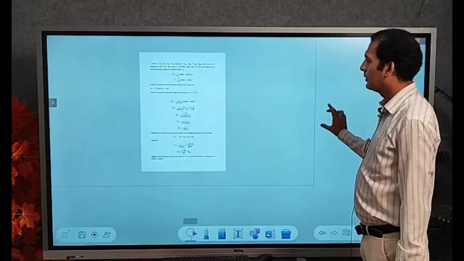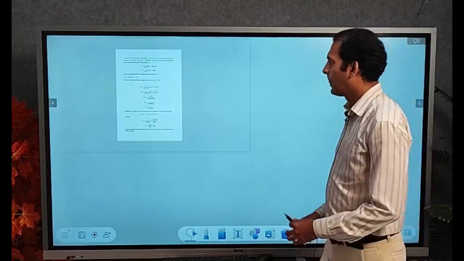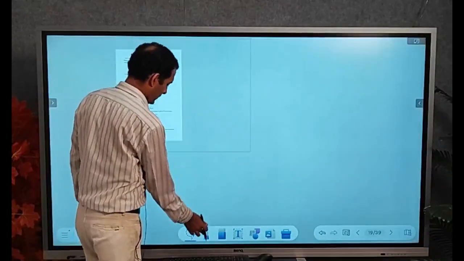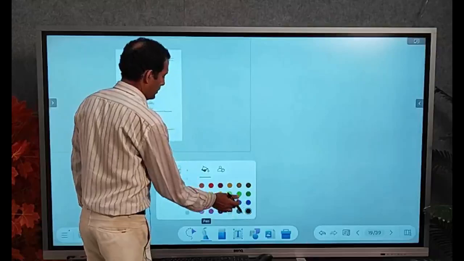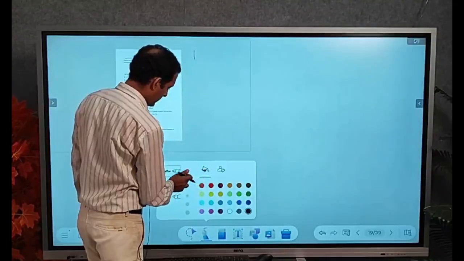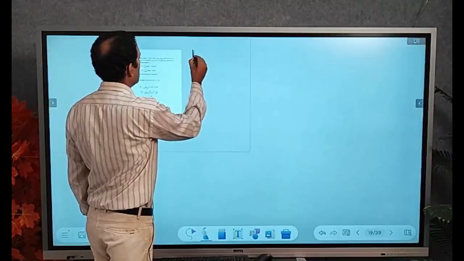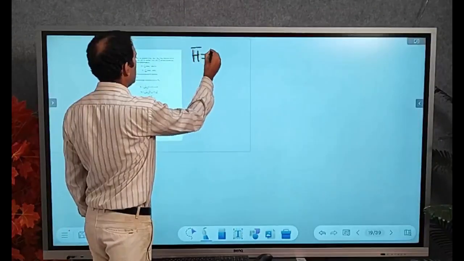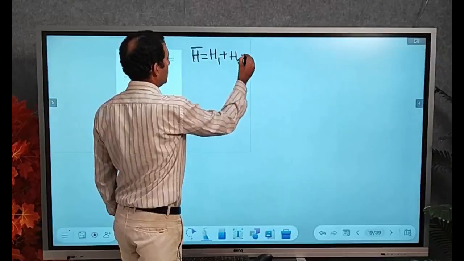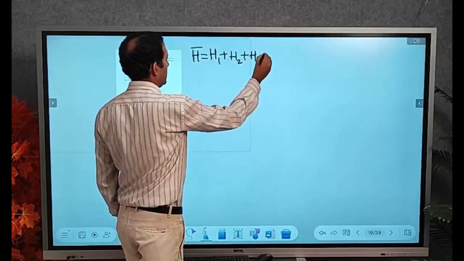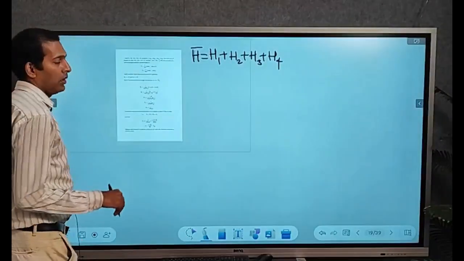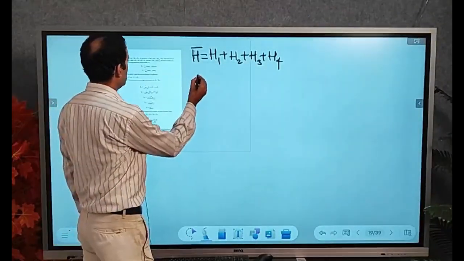Say we will consider our last expression. So total H will be equal to the addition of H1, H2, H3 and H4. So we had already derived one expression.